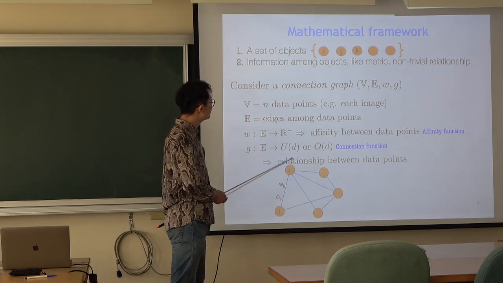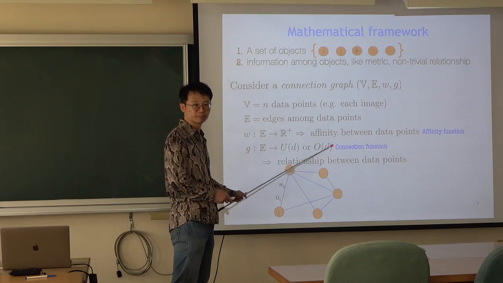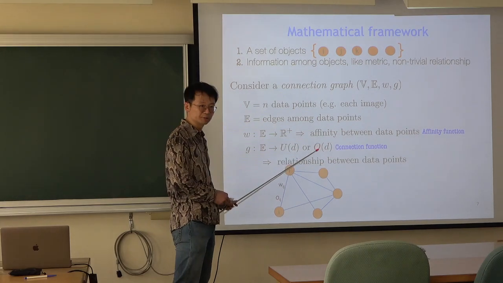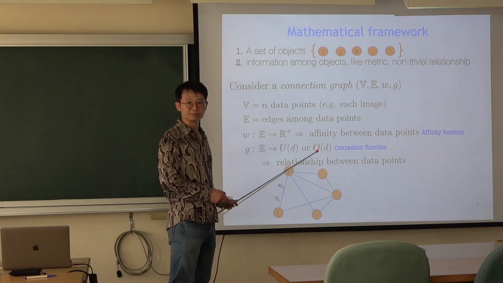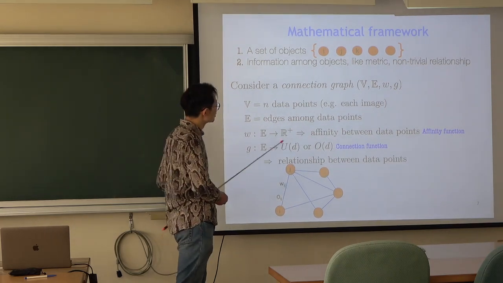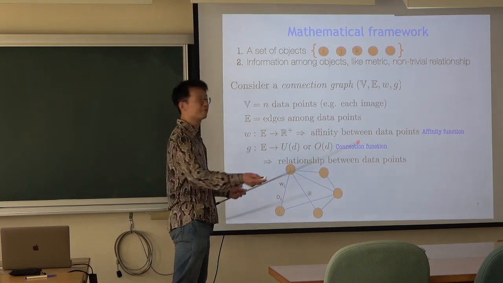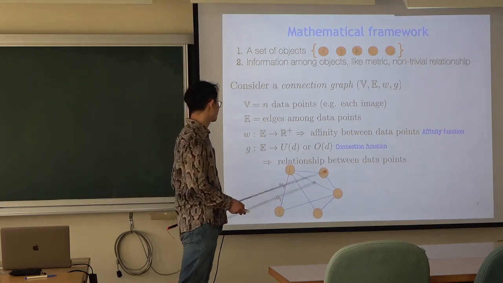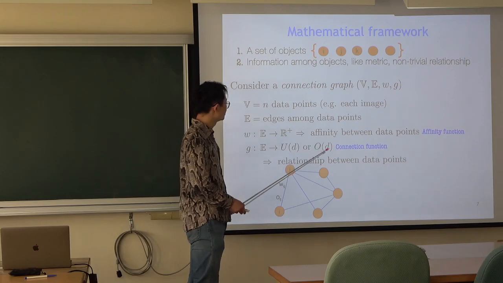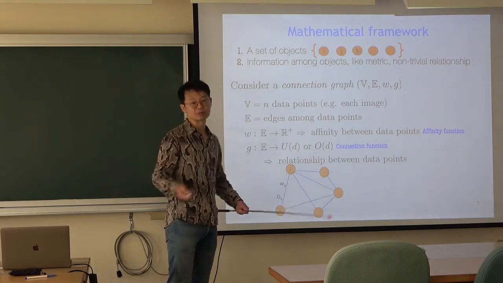And here, to simplify the discussion, we focus on rotations, U(d) or O(d). It can be more general. It can even consider diffeomorphisms as long as it is a group. But we will see if we encounter those topics. U(d) or O(d) are the most common in the examples I will show you.